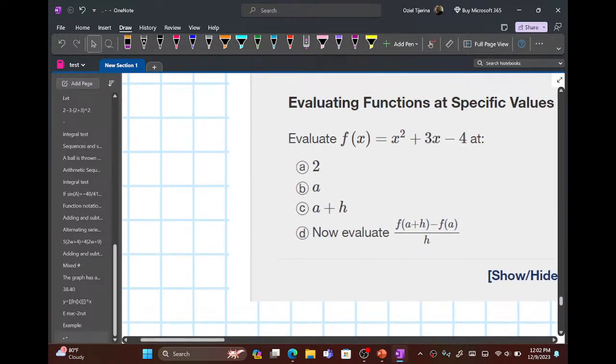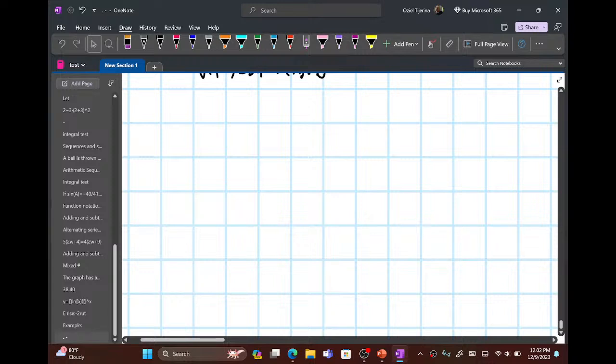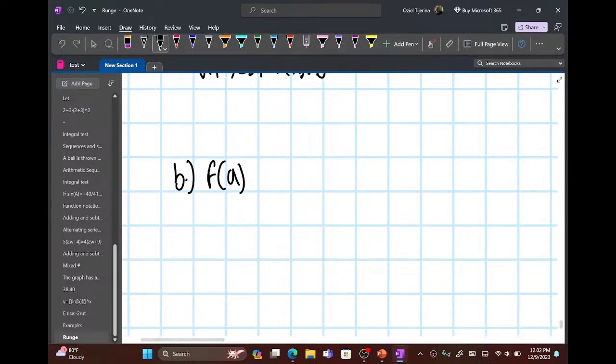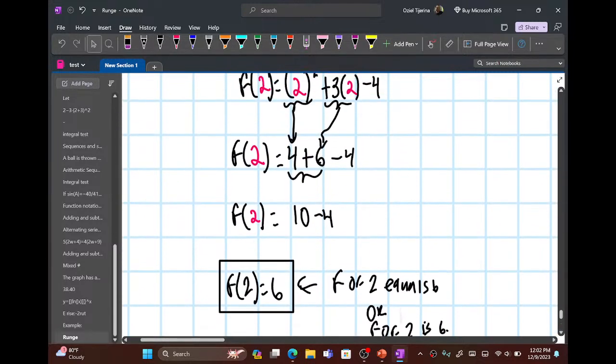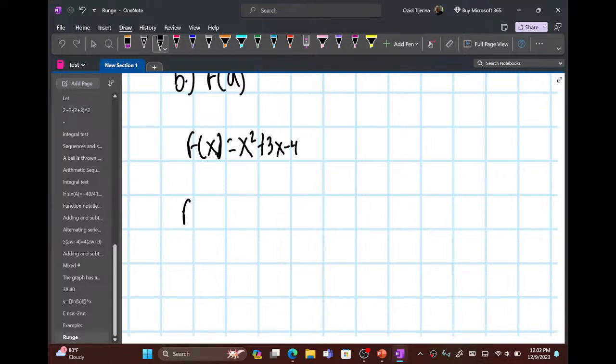Part B wants us to do it at f of a. So again, we're going to rewrite our function, x squared plus 3x minus 4.